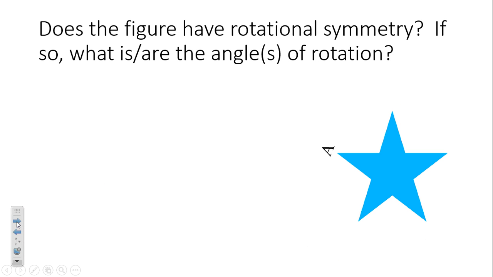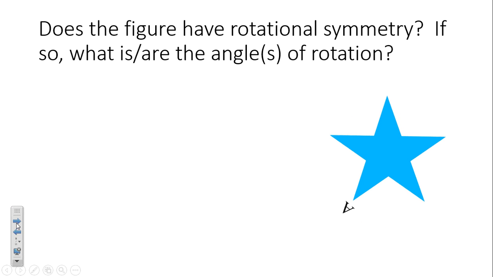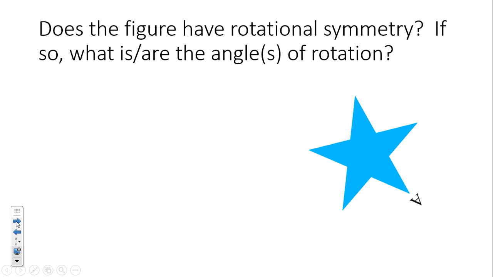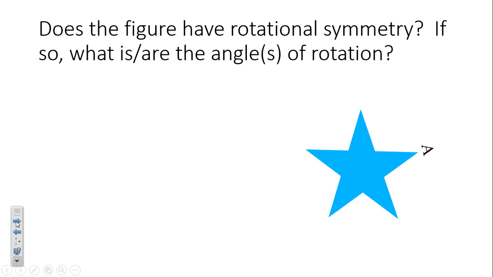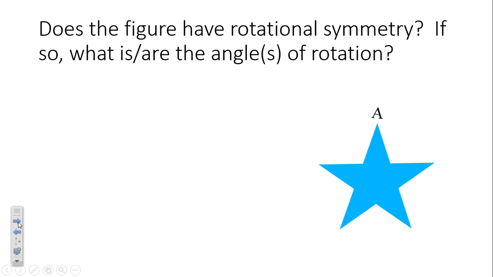How about this one? Will this have rotational symmetry? Yes. Okay. Everybody agree? Let's try it and see. We put a point A out there so that we can watch it and know where that particular vertex is going. So there's 1, 2, 3, 4.